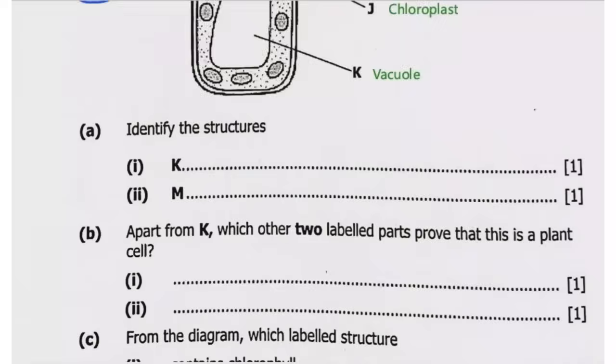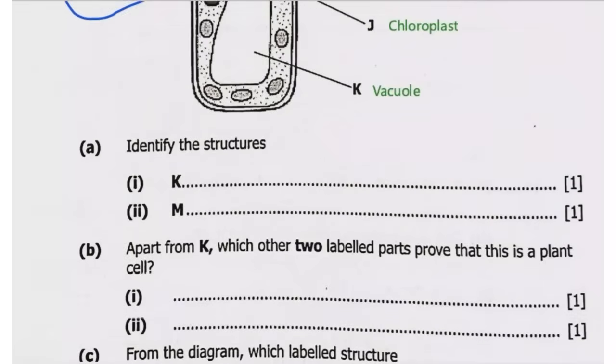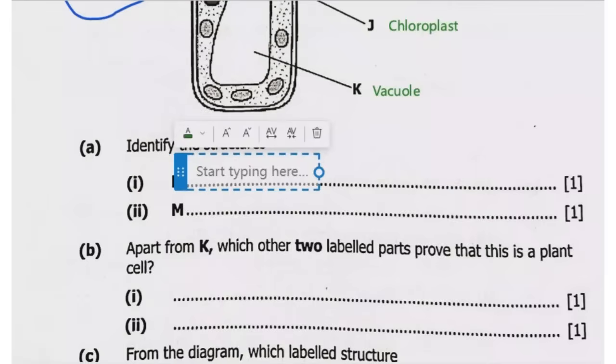Okay, let's go to question A of question 3. Question 3A is: identify the structures K and M. K, we already found to be vacuole, so we just write the word there, vacuole.